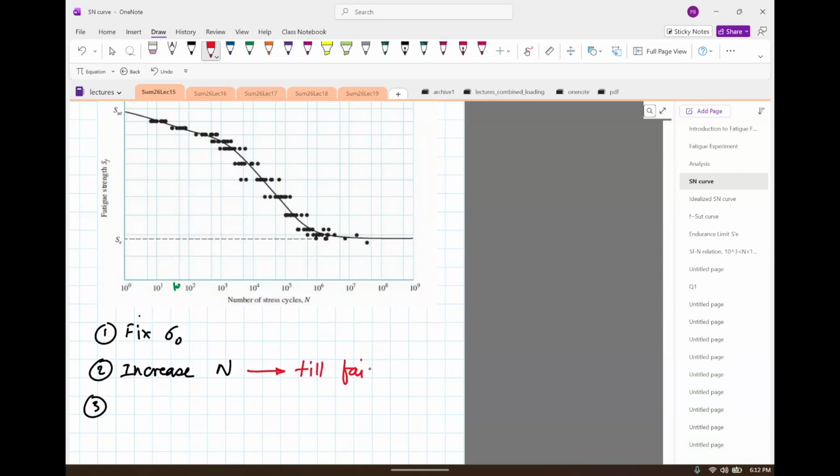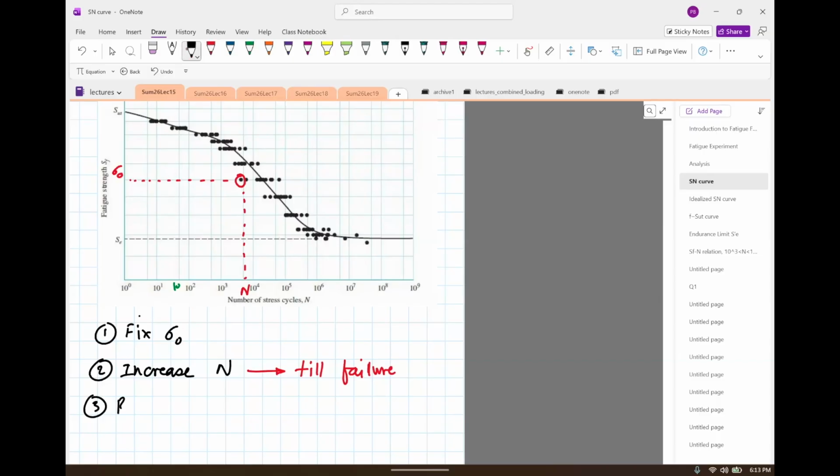What that has given us is going to be one single of these dots, right? That's the point where failure occurs. So if you want to get multiple points on this curve, and by the way, let's say that this is a certain sigma 0, and then this is the certain n, right? So we got 1 point from 1 and 2.